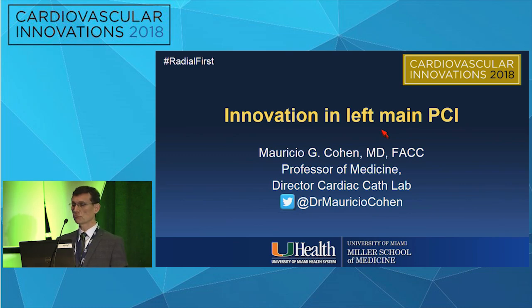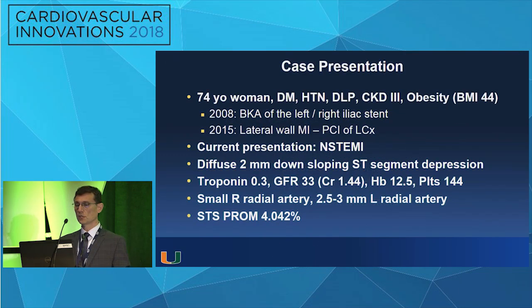So we're going to talk about left main intervention. I always like to illustrate these kinds of lectures with a case. This is a 74-year-old referred to us from the west coast of Florida with diabetes and all the comorbidities, one amputation in the left leg and a right iliac stent, and a lateral wall MI in the past with previous PCI of a total circumflex.